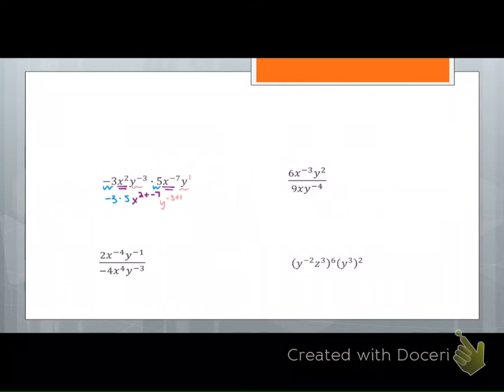Okay, negative 3 times 5. Negative 3 times 5 is what? Negative 15. 2 plus negative 7 is negative 5. And then we have y to the... So, RC, is that my final answer?